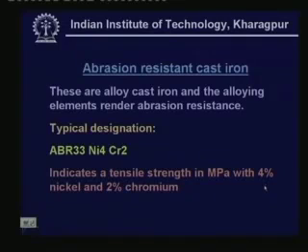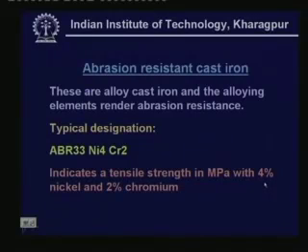We talk a little more about one we have seen earlier, the abrasion resistant cast irons, but we still discuss this one separately. These are again alloy cast irons, and the alloying elements render abrasion resistance.